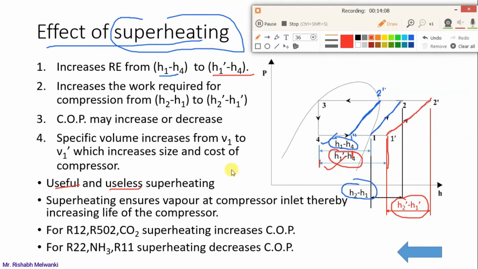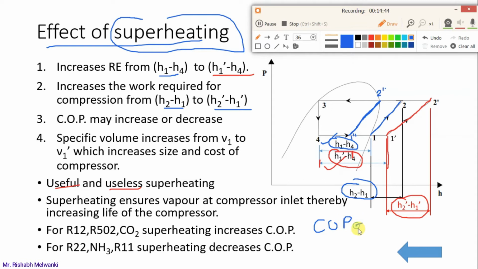Now if you observe the compression work, H2 minus H1, this is the compression work. The isentropic lines are slightly diverging in nature on the pH diagram. So here you observe this H2 dash minus H1 dash is also greater. Now see what happens here: there is an increase in refrigerating effect, and also an increase in work. Now what is COP?